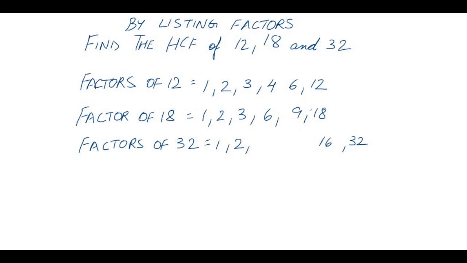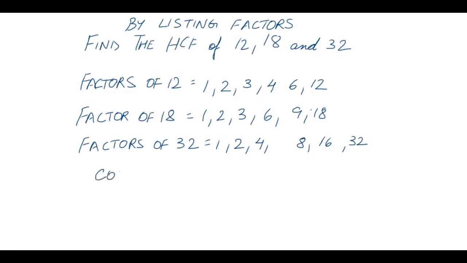Then 3 is not a factor because it does not divide 32 completely. Then 4 multiplied by 8 is also a factor. So 4 8s are 32. I think these are the numbers with which when you divide 32 you get the remainder 0. There are no other numbers. So these are the factors of 12, factors of 18 and factors of 32.